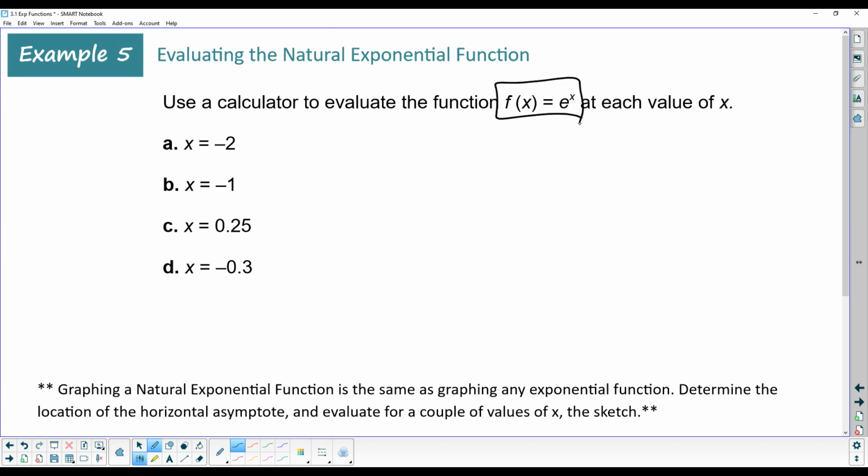So if you wanted to know what e to the negative 2 power is, you could type that in your calculator. Or if you wanted to know what e to the negative 1 power is, or e to the 0.25, go ahead and crunch all of those.